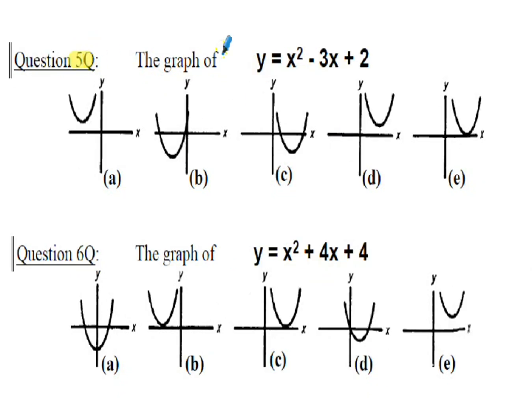Question 5Q, the quadratic equation given is y is equal to x squared minus 3x plus 2. We'll decide which is the solution, A to E. And finally, question 6Q, you're given y is equal to x squared plus 4x plus 4. And again, you've got to choose the solution A to E. The following slides show you the solutions.